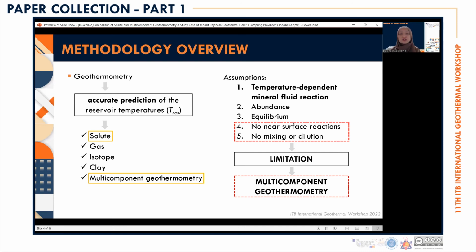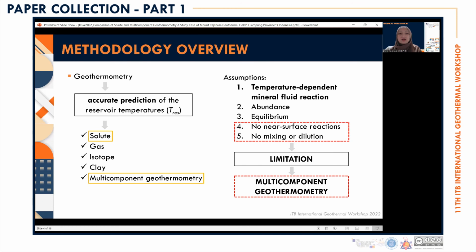Equilibrium between mineral and solution, or solute-solute, is assumed for geothermometry to be applied. Unfortunately, in reality, it is almost impossible to avert the effect of near-surface reactions and mixing and dilution processes of fluid as it ascends to the surface and reacts with different rocks.